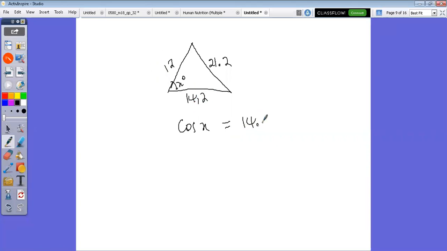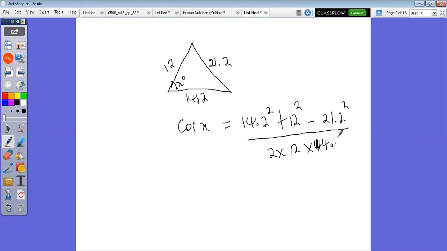So 14.2 squared plus 12 squared minus 21.2 squared, all over 2 times that times that. So 2 times 12 times 14.2. What do you get?